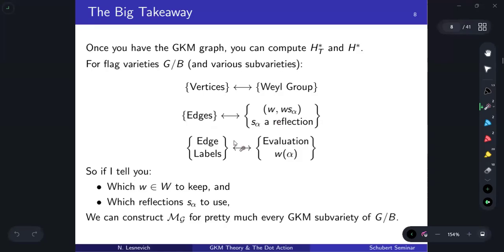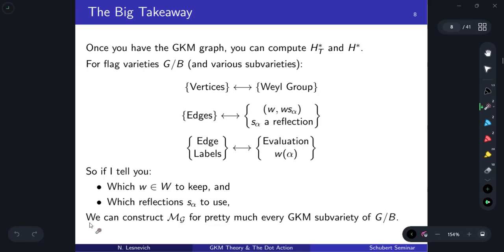And how are we going to label our edges? Evaluating by the corresponding root. That's going to give you some vector. Turn that vector into a linear polynomial, right? So the big takeaway: if I tell you which Weyl group elements to use, which reflections to use to build your edges, the labeling system is always going to be the same as long as you don't have some crazy T action.